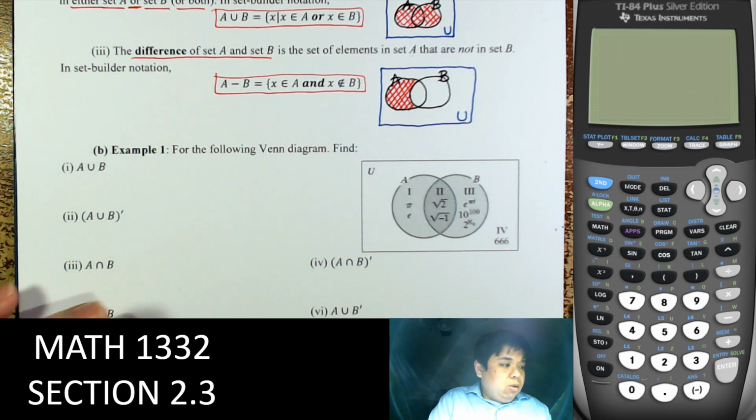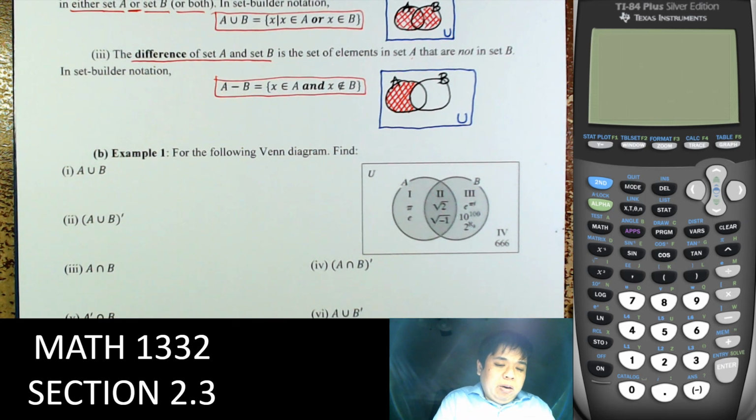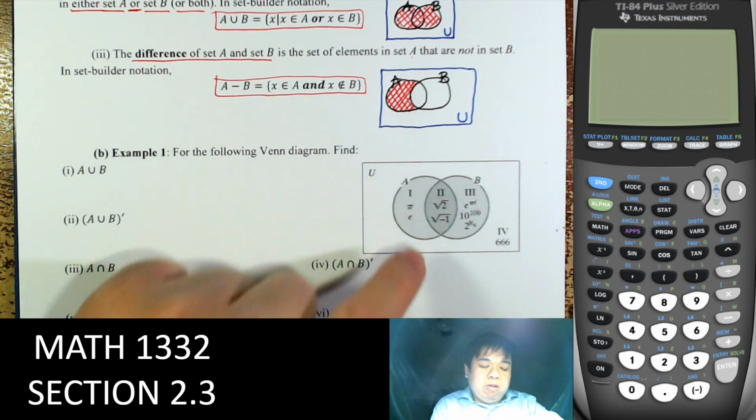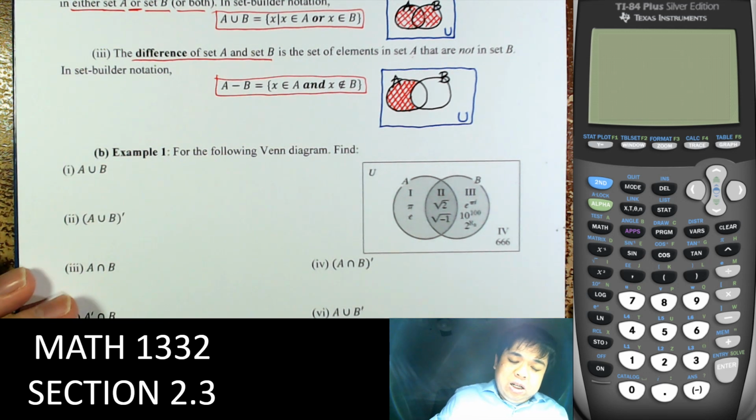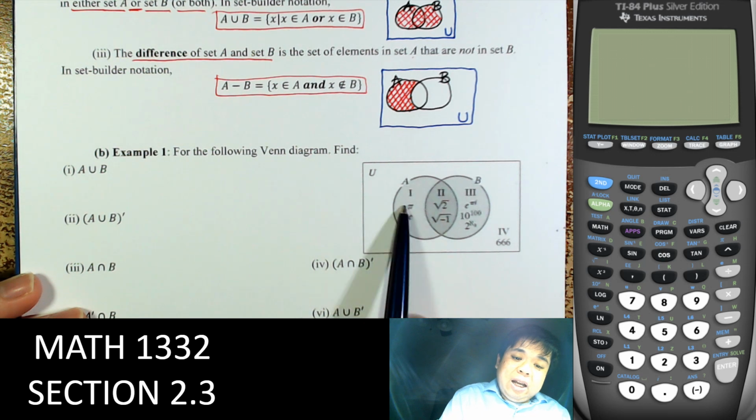Now, let's look at this example. Basically, we have that given Venn diagram. What is A union B? A union B means could be in A, could be in B, could be both.